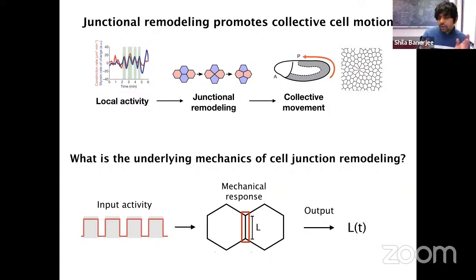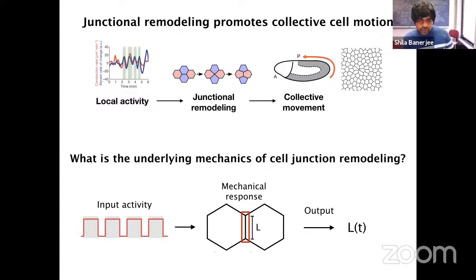By simple models, I mean canonical models where we describe tissues as a collection of mechanical objects like cells, and cells have tension, and they can intercalate, etc. So there was no surprise there. But what we wanted to know is what is the underlying mechanics of this junctional remodeling, okay? And there we found evidence that the models that we think are good, and that work very well at the collective scale, fail miserably at the scale of junctions and individual cells.